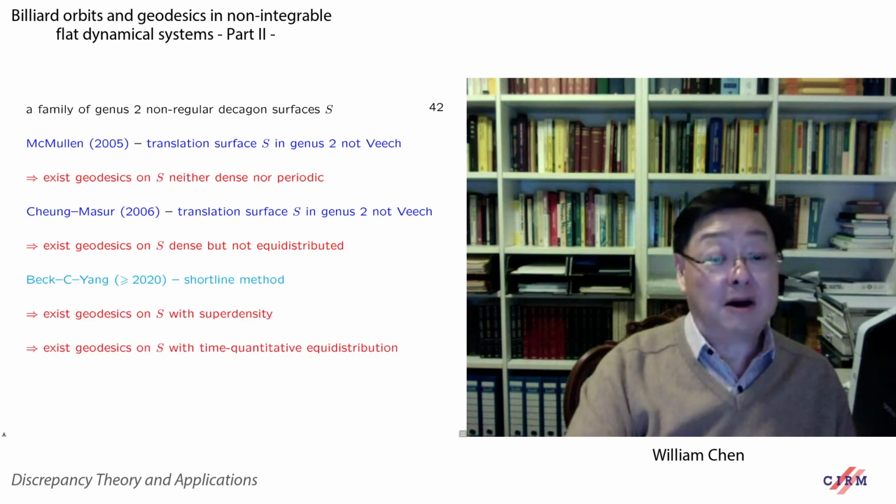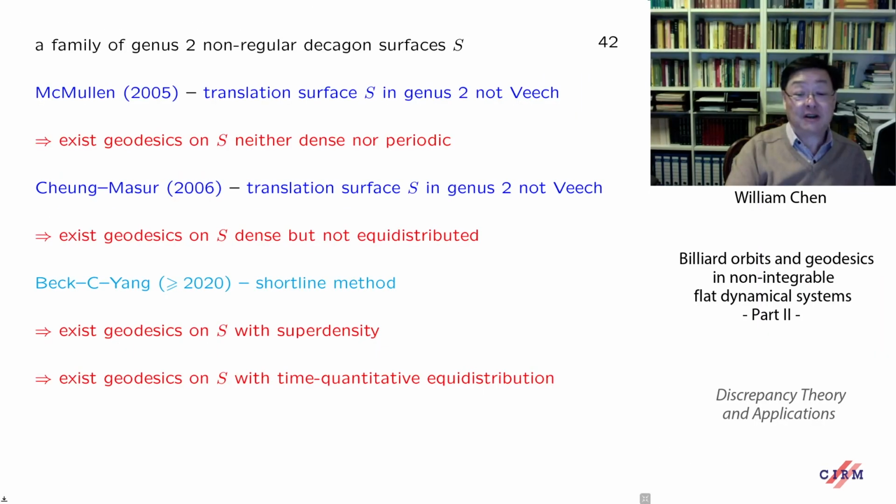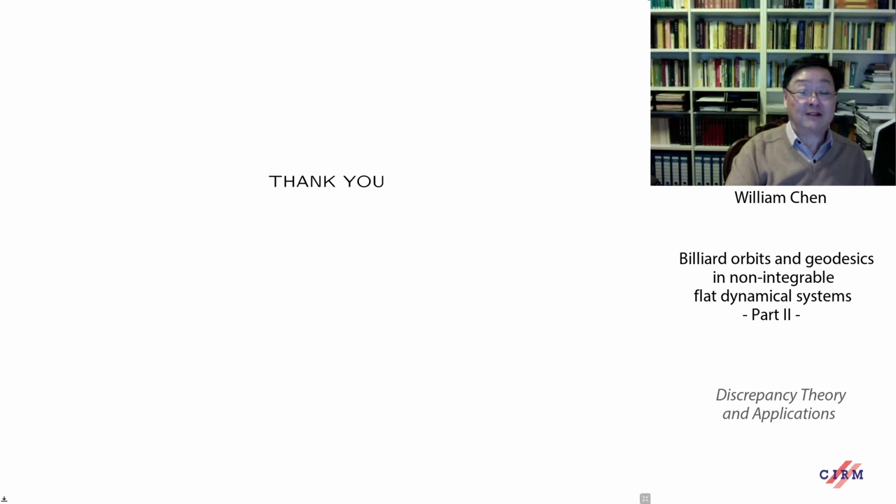But now, let us apply our short line method. Then we can show that there are geodesics that are super dense, and also there are geodesics that have time quantitative equidistribution. So for this family of genus 2 non-regular decagon surfaces, there are all sorts of geodesics with different properties. And on this note, I shall finish.